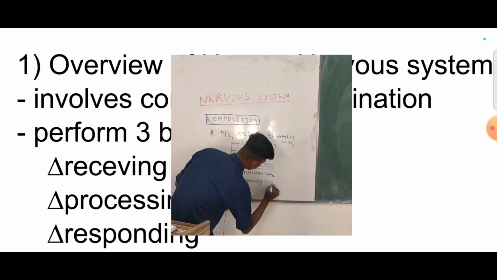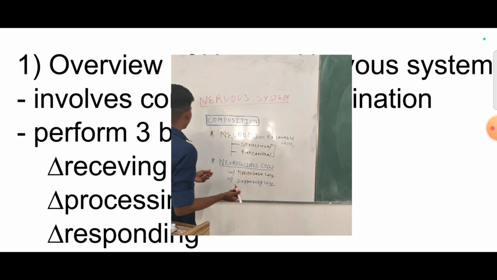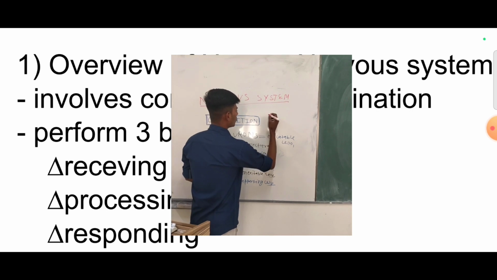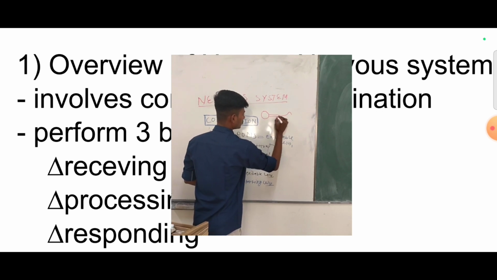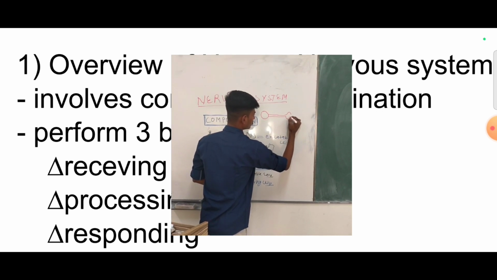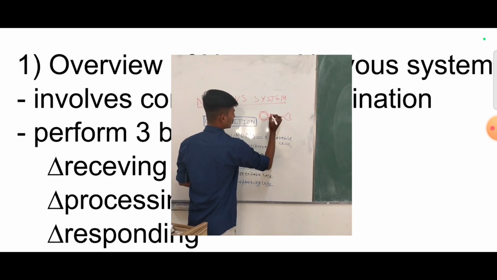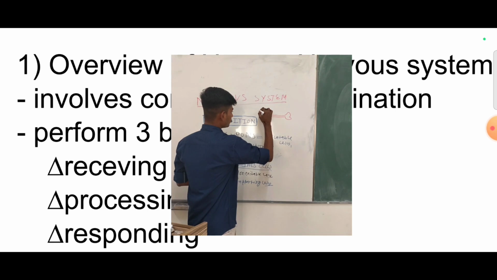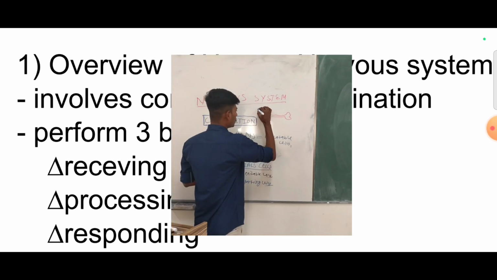Now see, I will draw one typical diagram of a neuron. This is one typical neuron, and you know in the neuron there are spike-like projections at the head, which are called the dendrites.